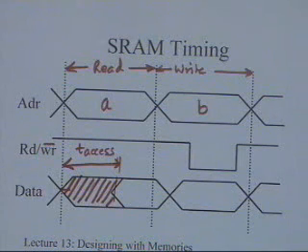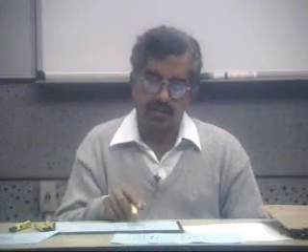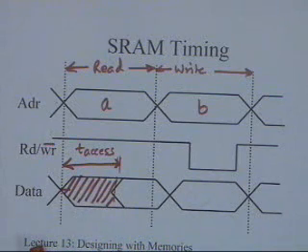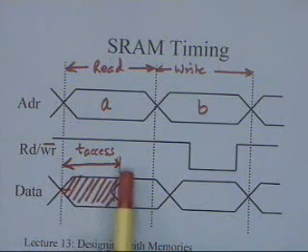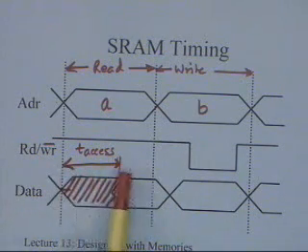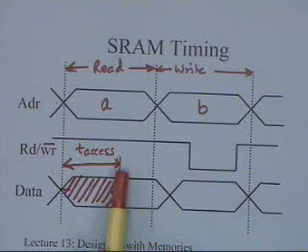You could be reading any location because decoding is still going on. The chip select signal and the decoding have to travel to the actual cell from which the data has to come, and during this time you cannot trust the output. It may happen that your T access is specified to be 60 nanoseconds, and sometimes you are actually getting an output at 40. This is the maximum specification, it is not a minimum specification.